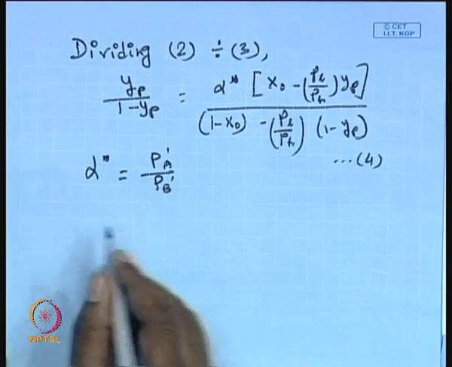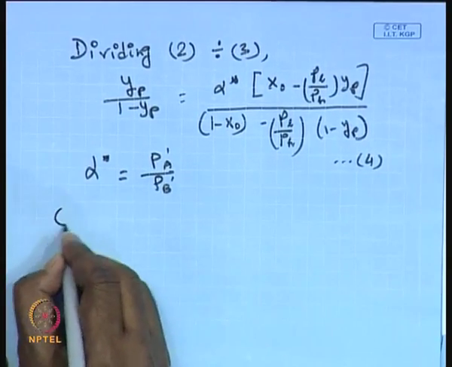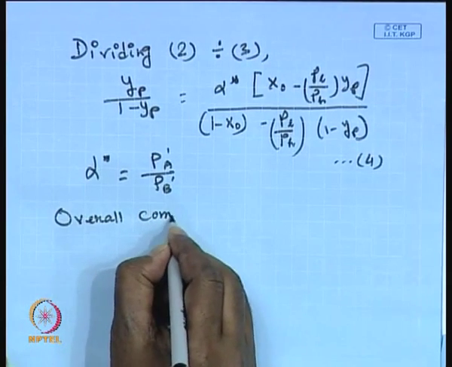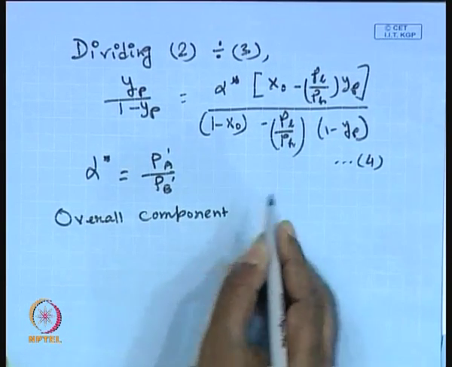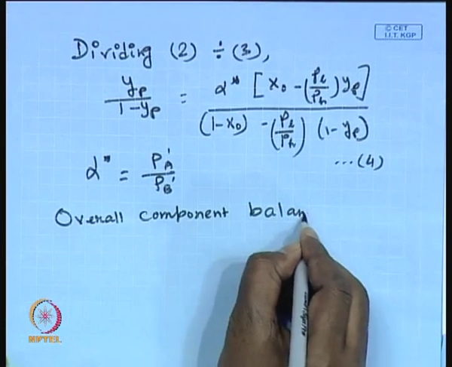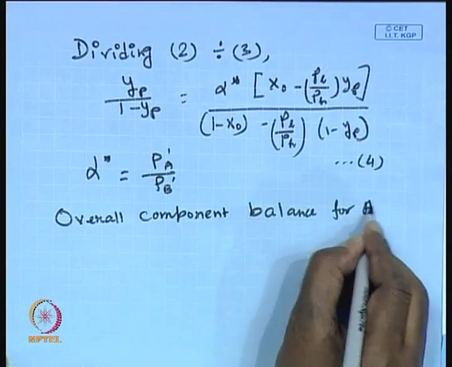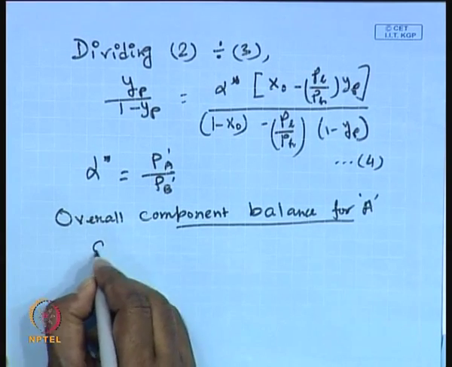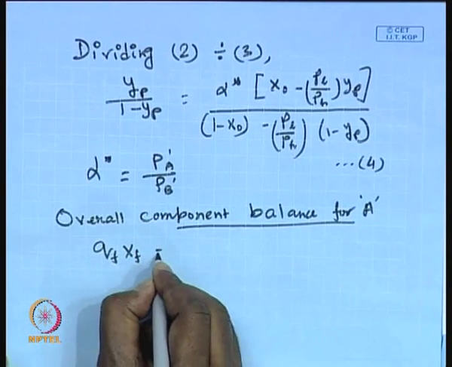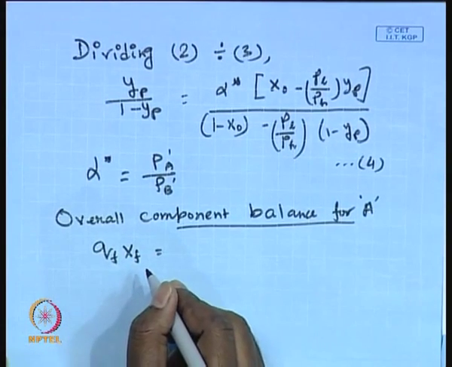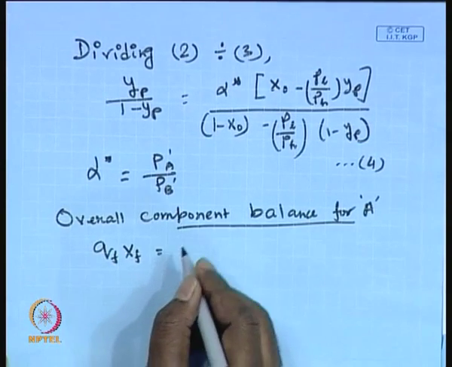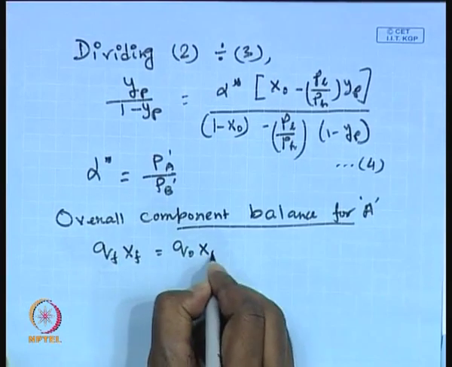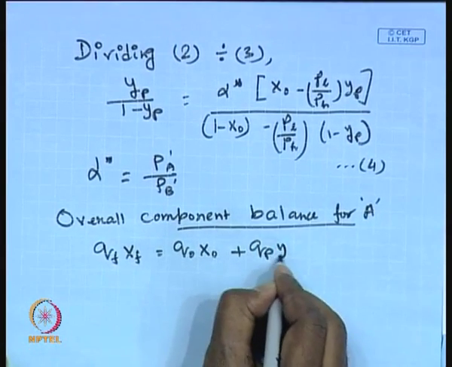Okay. So, now if you do an overall component balance for A, that will give you the following relation: QF XF is equal to total mole that is going into the system per unit time. So, QF XF is equal to Q naught x naught plus QP YP.